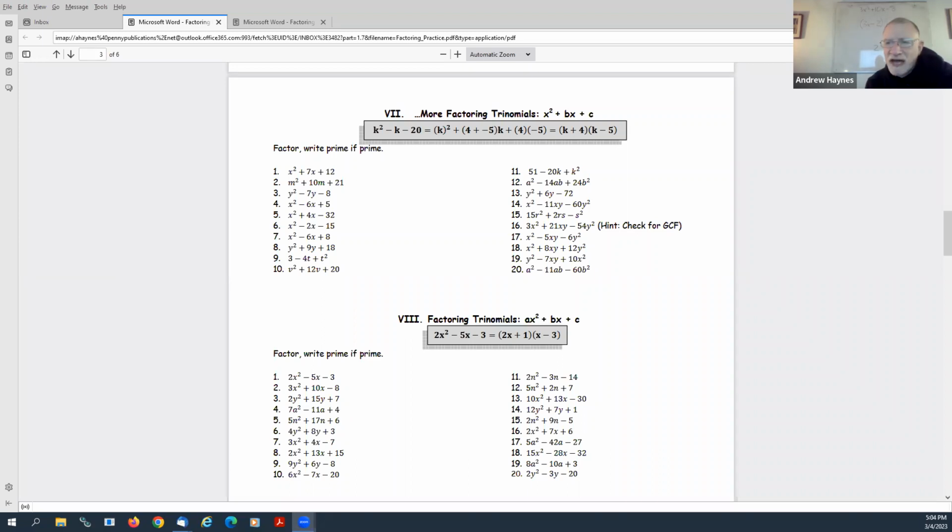If it's a plus, then it's plus and plus inside the parentheses. But if it's a minus, then it's minus and minus. So this one has to be minus and minus. What's going to happen now is that's going to give you the +4 that you want. But unfortunately, it's not going to give you the -11 that you need.